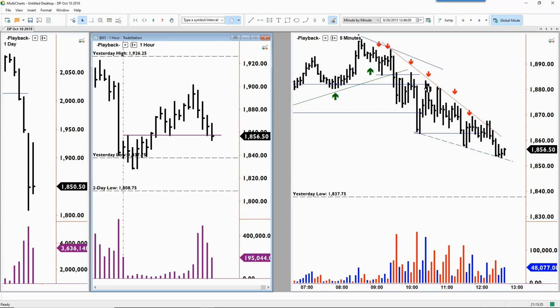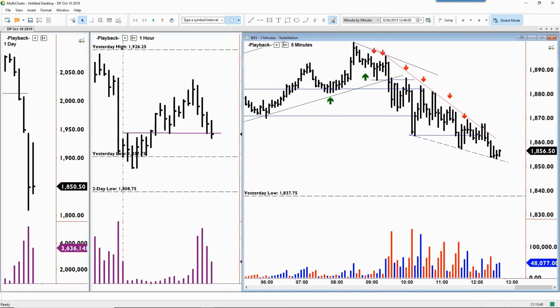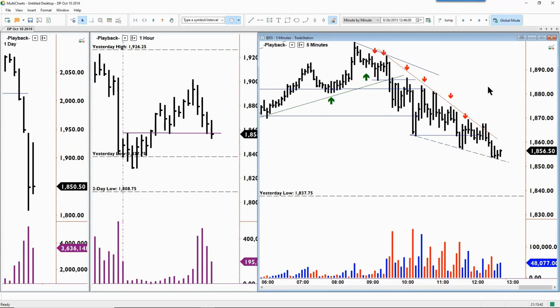Yeah, axis line here. So on the 5 minute, we can buy this here or wait for it to go over this line here. That's this line.